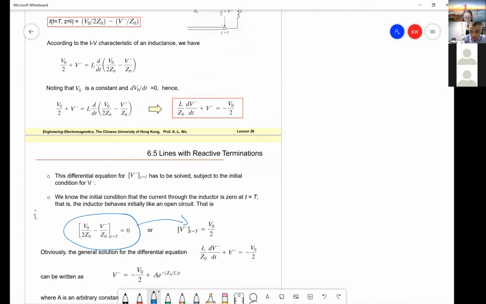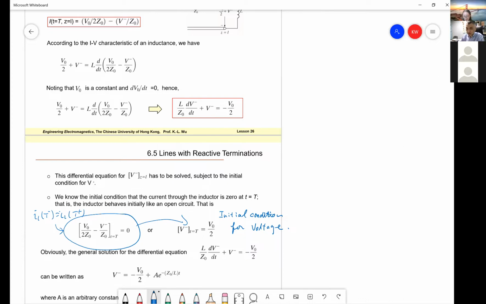This is the current continuity condition. From this current continuity condition, we can find the initial condition for voltage. This is very important, because we are solving an initial condition problem, we must know what the initial condition is.